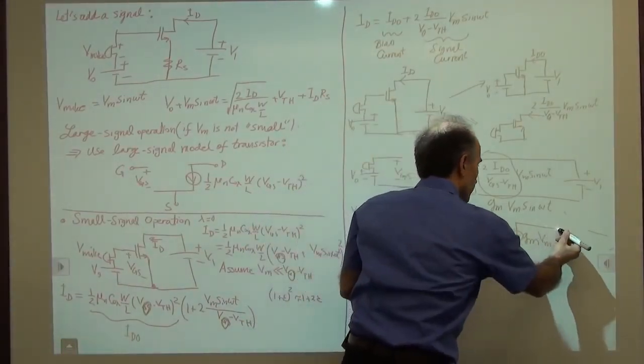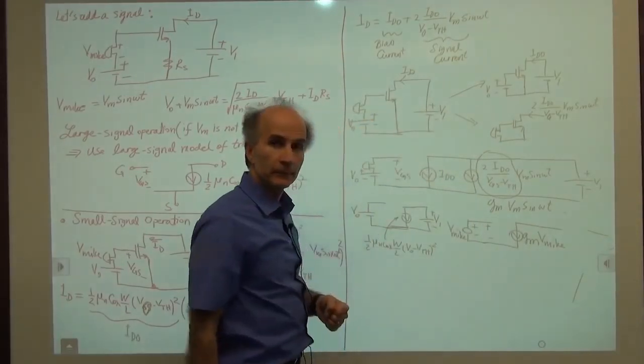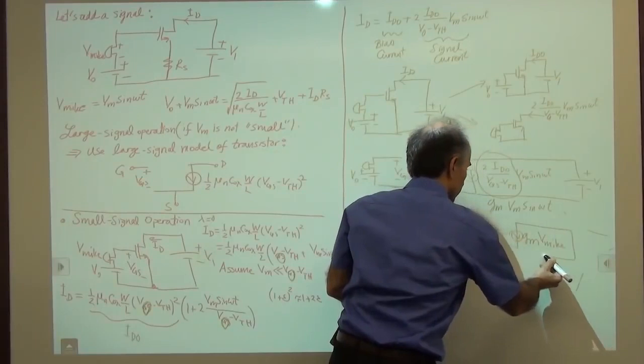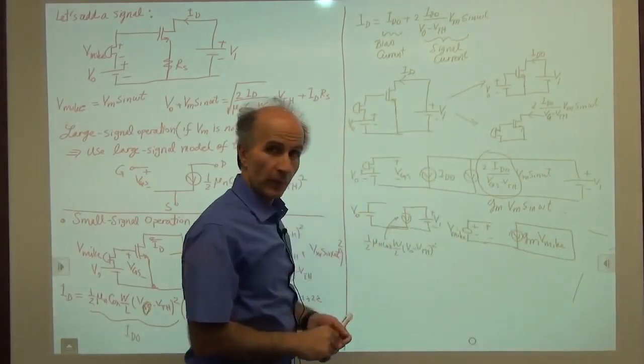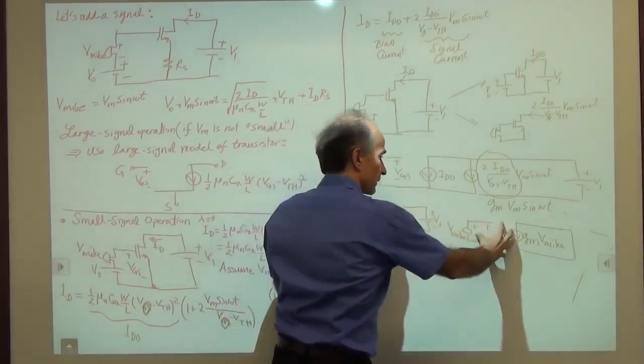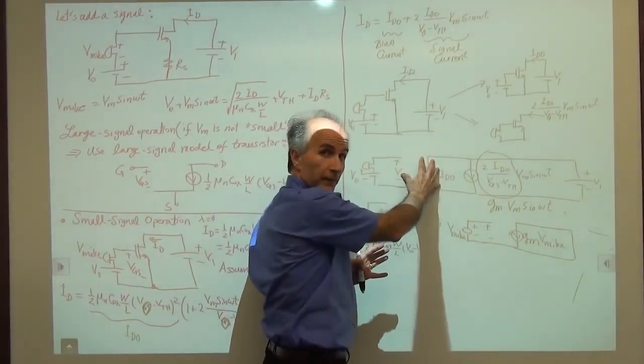And then what happens to this point here? Well, this point comes back here because I am using superposition. I'm saying that this circuit plus this circuit should give me this circuit.